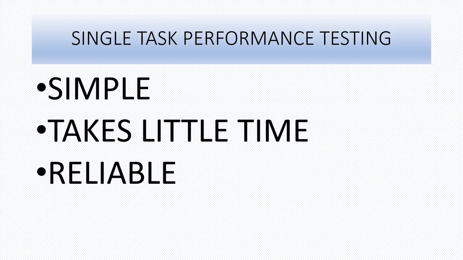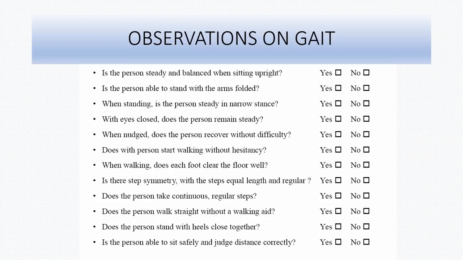In my own practice, and I would recommend doing this in your practice, I go with single task performance testing. So I evaluate the patient's history, I look at the medications they're taking, I stand back and look at that patient in general, and I find that single task performance testing is simple, it's reliable, and it takes just a little bit of time.